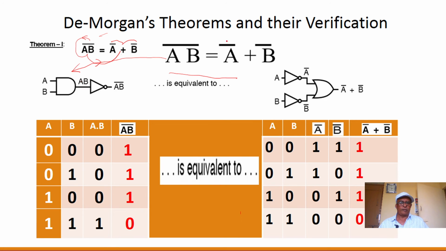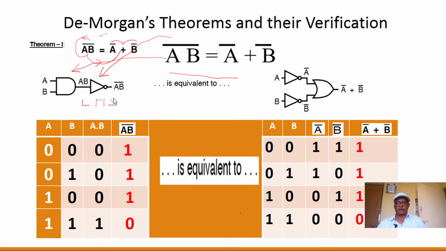And this complement we can obtain by using a NAND gate. The input to the gate is AB, we get output as AB bar. So this is the logic diagram for the left hand side.